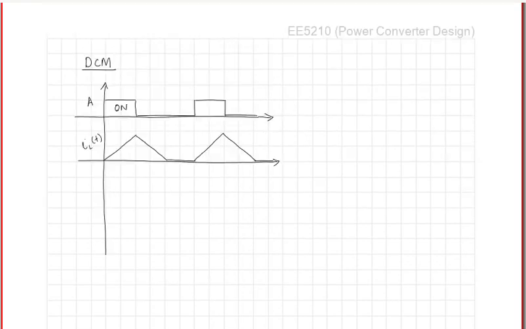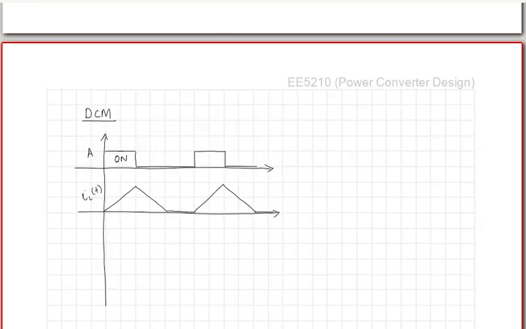Now, what would the voltage across the inductor look like? If you try to plot it, when the switch is on, there is no change. You get a voltage of Vg, and when the switch is off, again you have the situation where the switch B conducts.